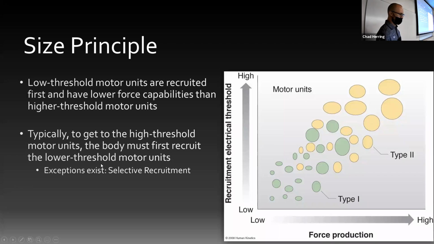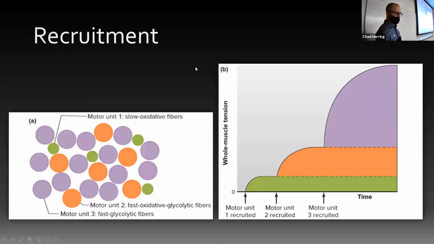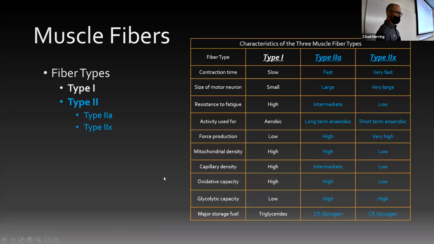Oh, there it is, selective recruitment right there. Perfect. Just another picture. I don't need to spend time on that. You can look at that. Here's our muscle fibers. Again, there's a few more subcategories, but in general, just for our purposes, we can think of type 1 as our slow twitch, endurance type muscle fibers. Type 2A are sort of that middle ground in there. Type 2X are high force output, but they don't last very long.